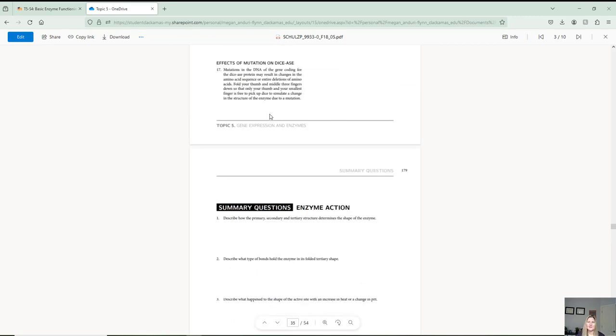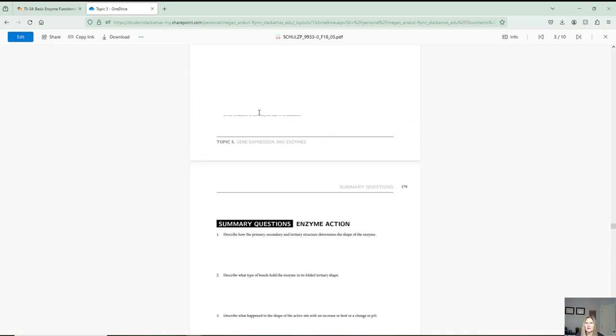So these are basically showing how a change in your enzyme, in this case our fingers, affects how that enzyme functions. If there's a change in the way the enzyme functions, then it's not going to be able to pick up the object as well.